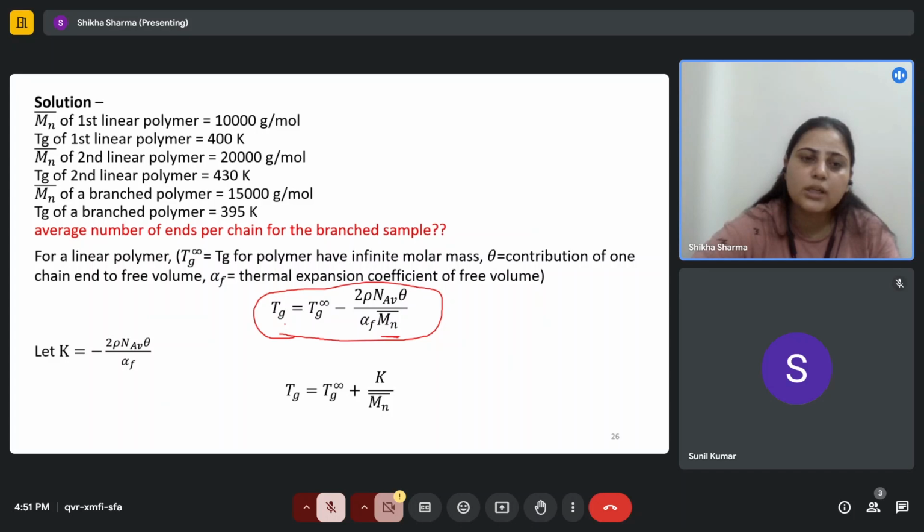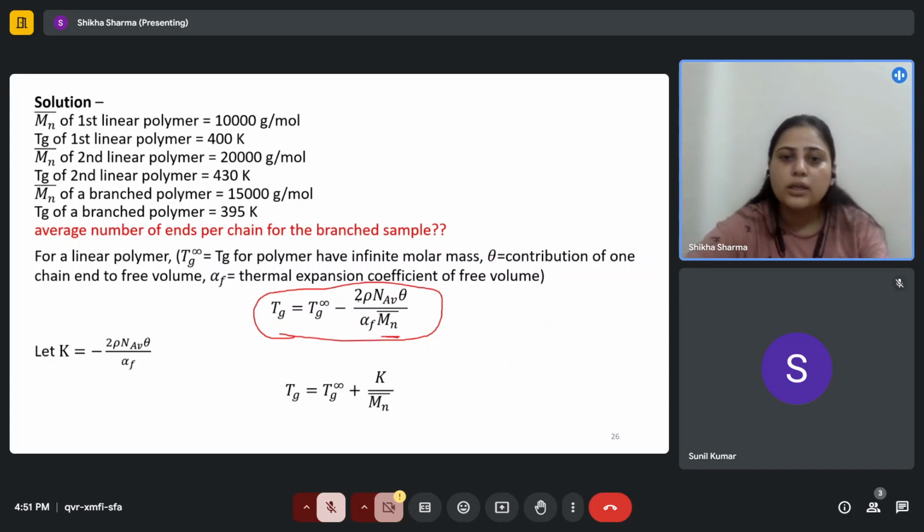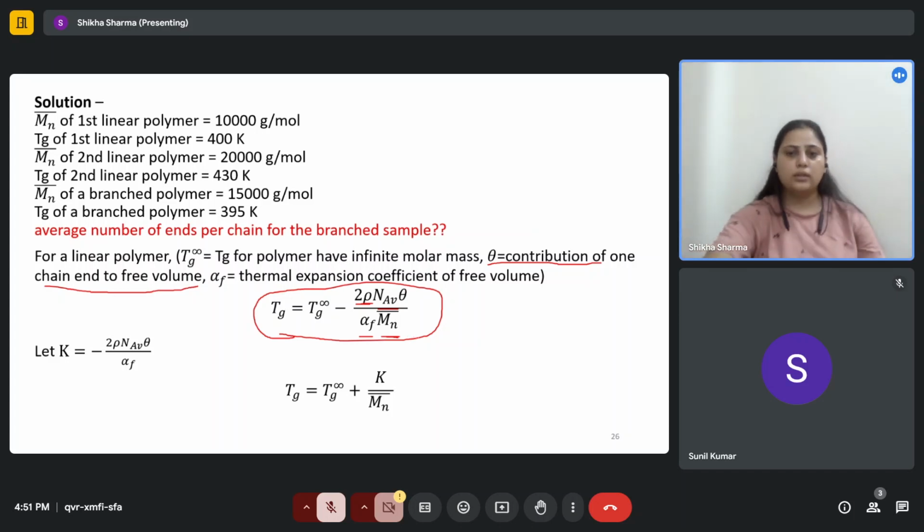So Tg, the glass transition temperature of the polymer, is equal to Tg infinity, which is the glass transition temperature of the polymer having infinite molar mass, minus 2 into the density of the polymer multiplied by the Avogadro number multiplied by theta, which is the contribution of one chain end to the free volume, divided by the thermal expansion coefficient of the free volume, and then in the denominator the number average molecular weight.